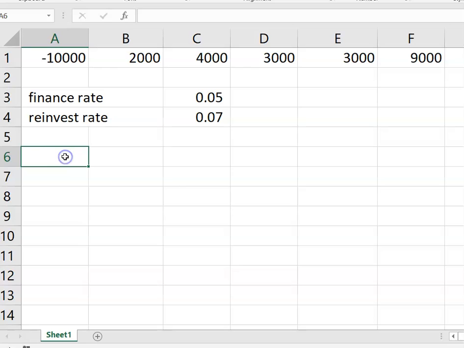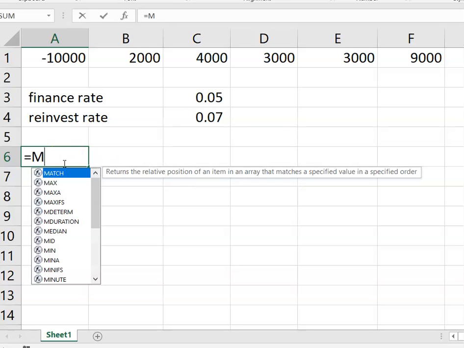So how do we calculate the modified internal rate of return? Remember, what it's going to do is take the present value of all the outflows and take the future value of all the inflows and tell me what rate that outflow gives to the inflow, or vice versa.